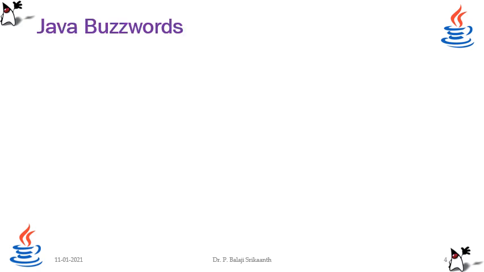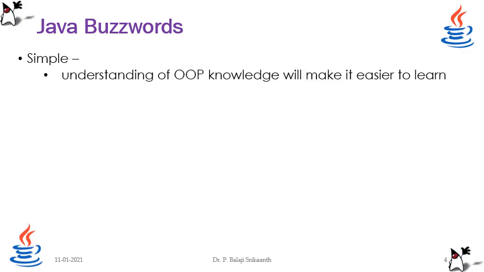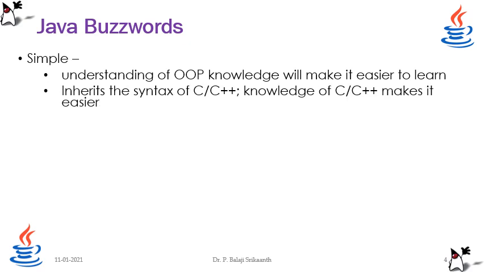Let's now start with Java buzzwords. These are the basic features of Java. Simple. How is Java simple? If you have an understanding of OOPS, that is, object oriented programming languages, then it will be easier for you. If you have basic knowledge of the syntax of C and C++, then it will be still easier, because the syntax of Java was inherited from C and C++.